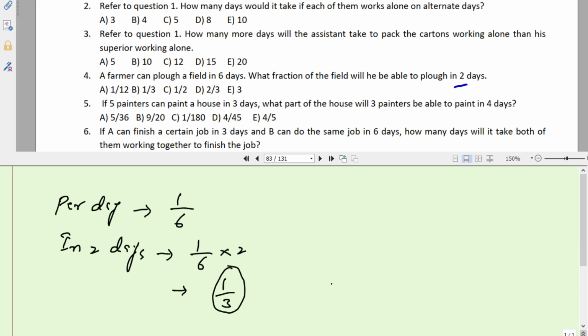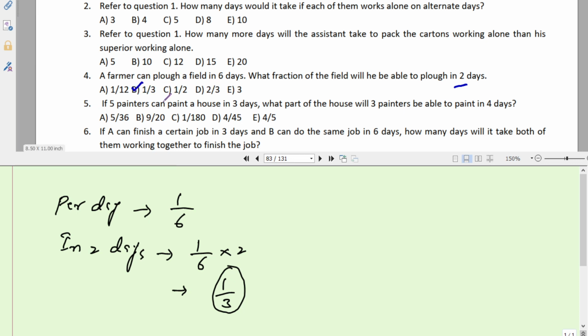So 1/3, 1/3, 1/3 is 3/3. That is 1. So the job will be finished. So this is what you have to do whenever you get a question of this type. You have to convert it to per day and multiply it by how many days the question is talking about. All right. So the answer to this question is 1/3.